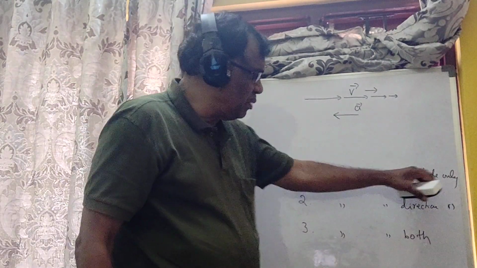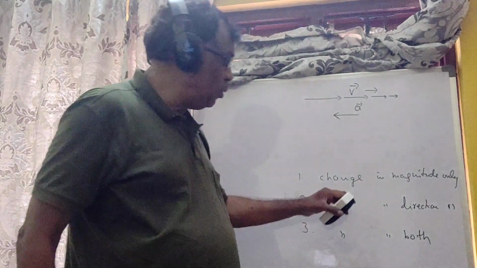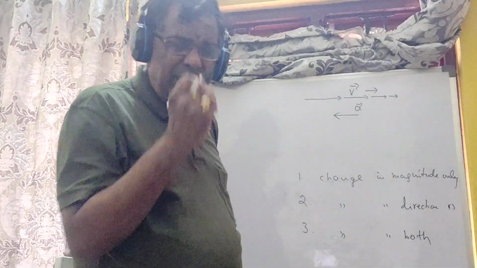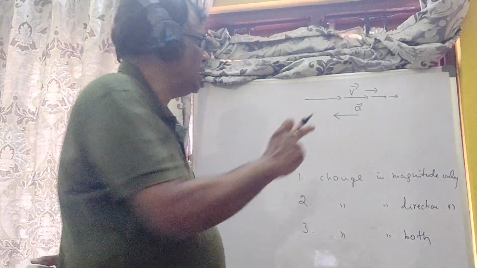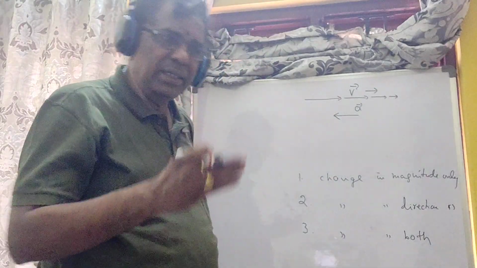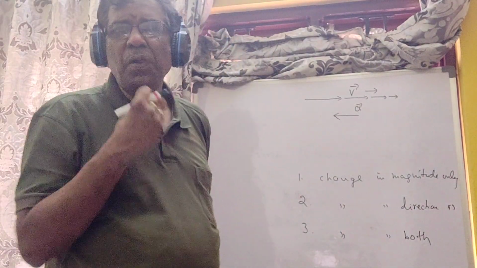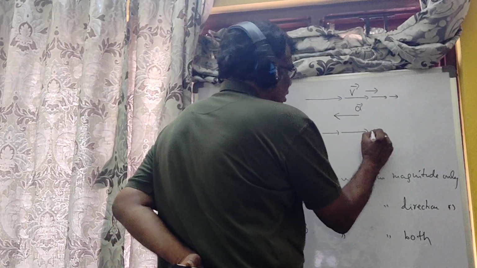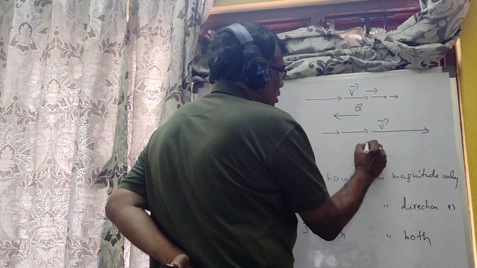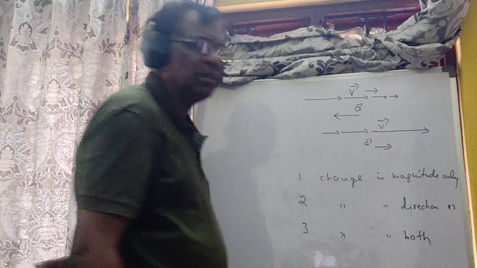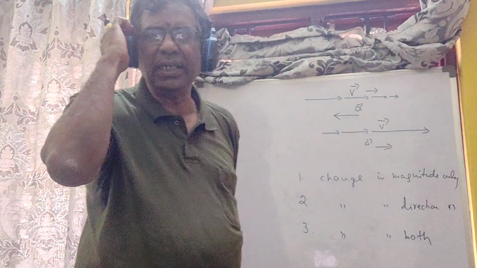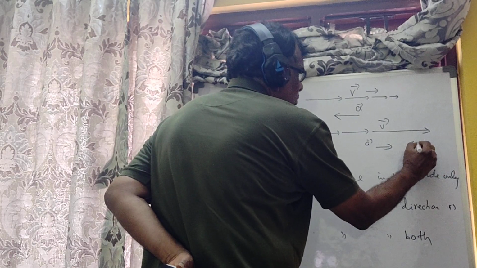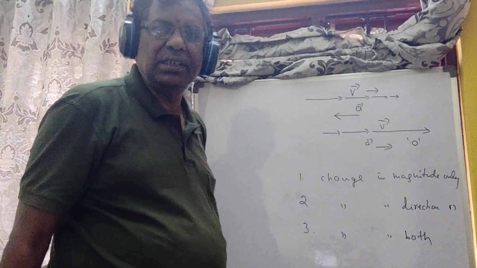So, change in magnitude only. Whenever the magnitude changes, it is because of acceleration along the straight line, either in the same direction or in the opposite direction. This is the opposite direction. If you want it in the same direction, this is velocity and this is acceleration. The magnitude goes on increasing, increasing, increasing. In this case, the angle between velocity and acceleration is 0.